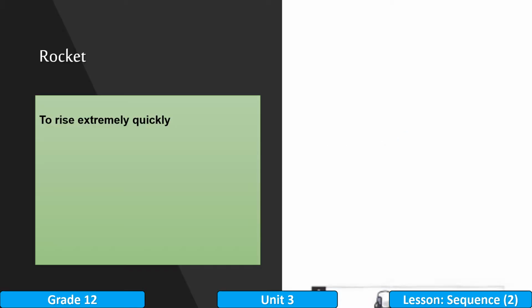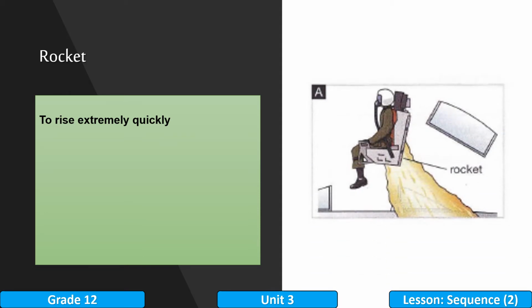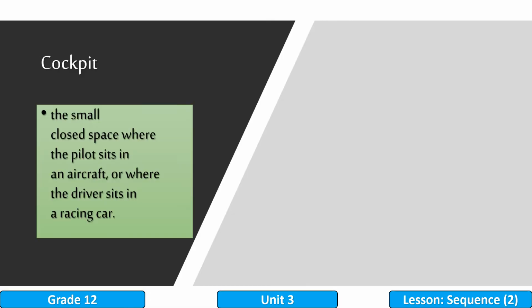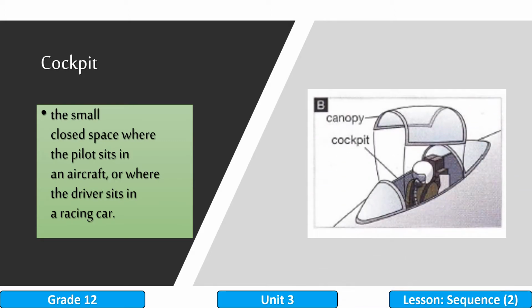Dear students, now here comes the meanings of the words. Number 1, rocket means to rise extremely quickly. Word number 2, cockpit, which is the small closed space where the pilot sits in an aircraft or where the driver sits in a racing car.